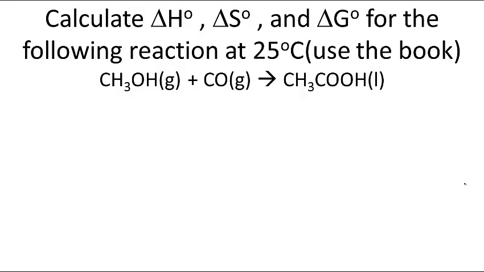All right, so use the book, find delta H naught, delta S naught, and delta G naught for this reaction at 25 degrees Celsius. What does the naught stand for? The naught, that superscript there, means at standard conditions. All right, go for it.